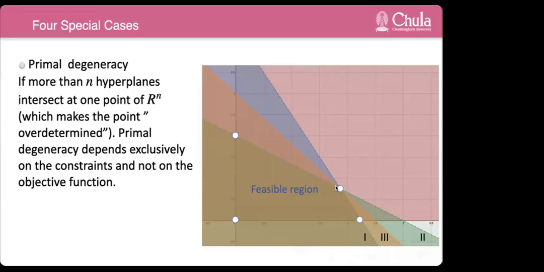But the point is, if you believe that this is our solution, and this solution is defined by this constraint and this constraint, maybe you tell your boss, wow, our objective function is defined by this constraint.